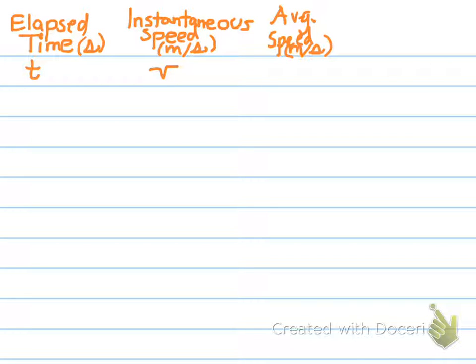I want to look at our distance fallen, which is going to be measured in meters. And that's a d. And then I want to look at our total distance.